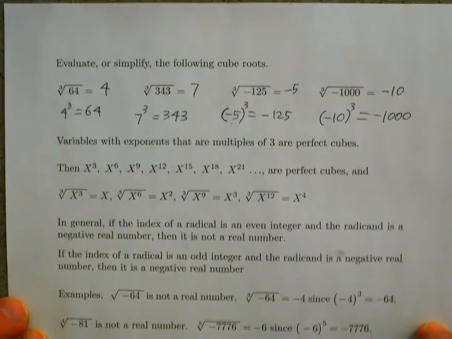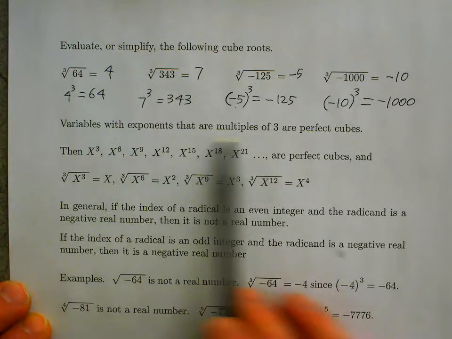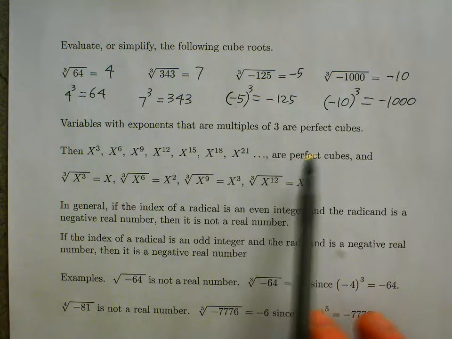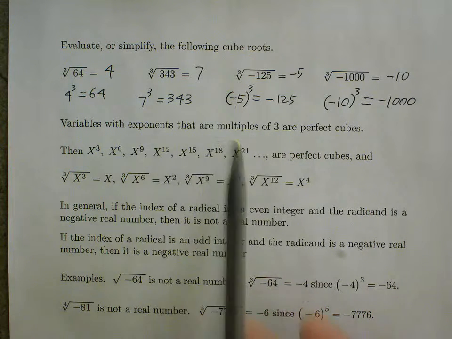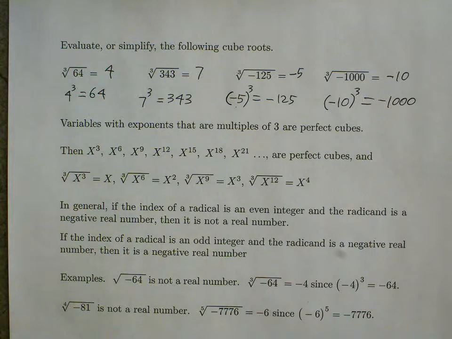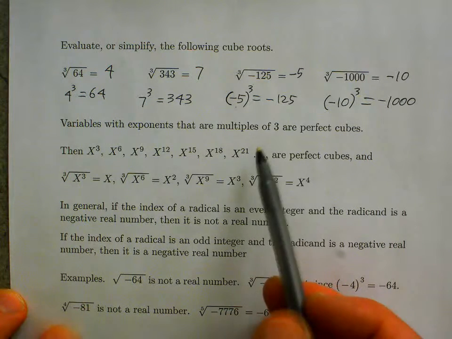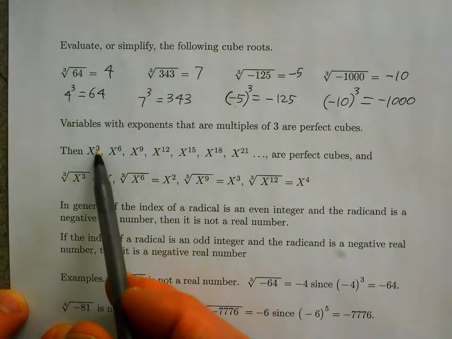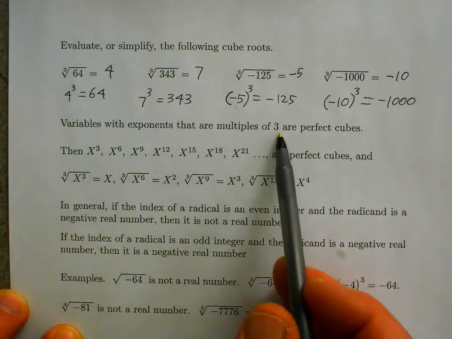Hey, when variables are involved, we know that we have a perfect cube if the exponents are multiples of 3. Remember, the perfect square variable parts had exponents that are multiples of 2. So perfect cubes have exponents that are multiples of 3.